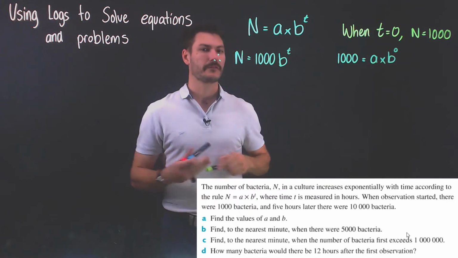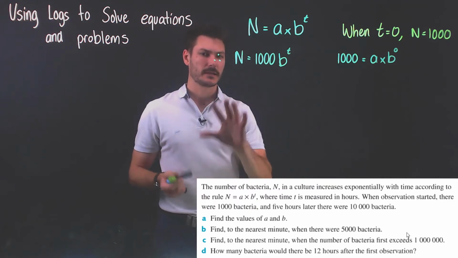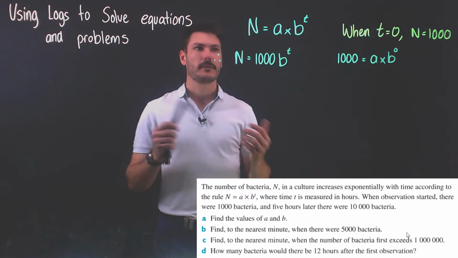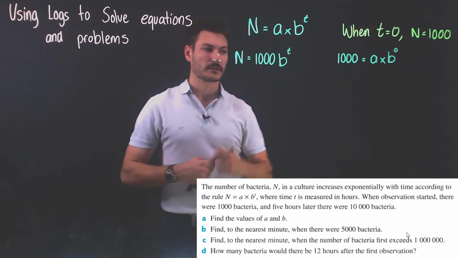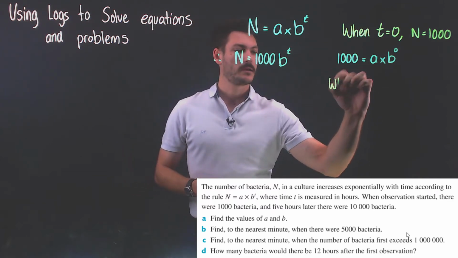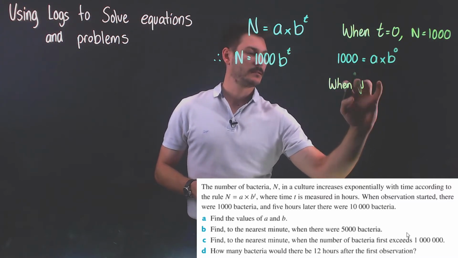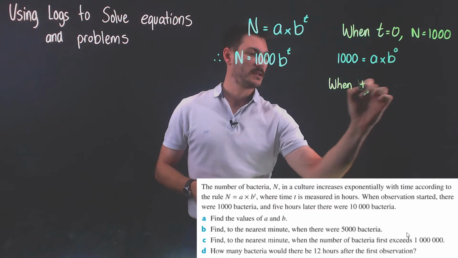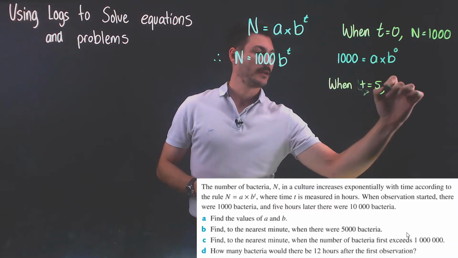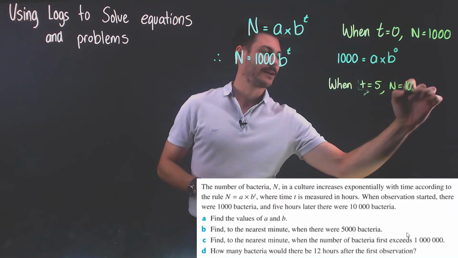We have a second bit of information though. It says 5 hours later, or when T equals 5, the population of bacteria was 10,000. So I'm going to say when T here equals 5, N equals 10,000.